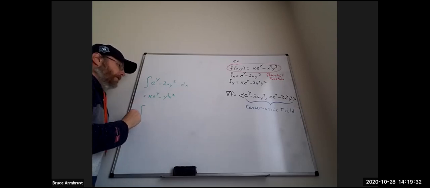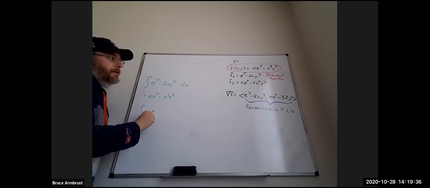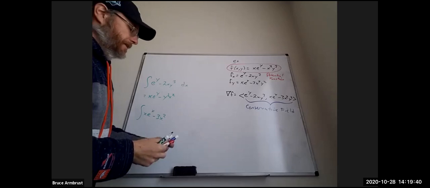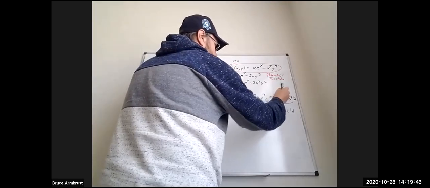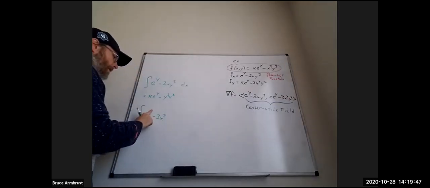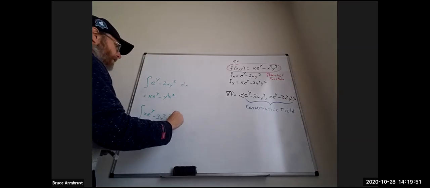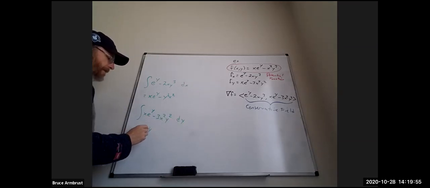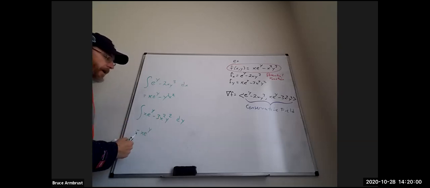Similarly, if we were to take the other one, x e to the y minus 3x squared y squared, and integrate that with respect to y, we're going to get x e to the y because x is constant, and the integral of e to the y is, of course, e to the y.